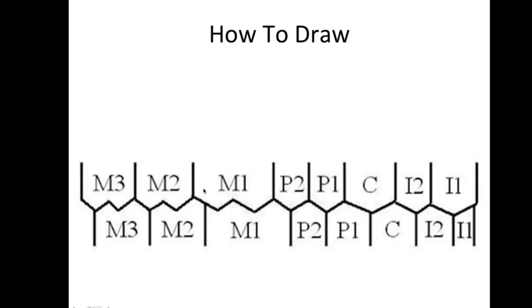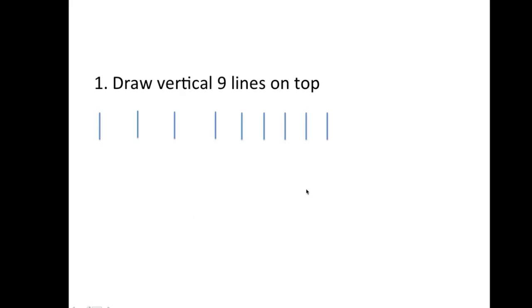Okay, this is the picket fence right here. It's basically a diagram of the upper and lower teeth in occlusion. They call it the picket fence because you start off by drawing just straight lines. We're going to start by drawing 9 vertical lines, and this is going to be the top.